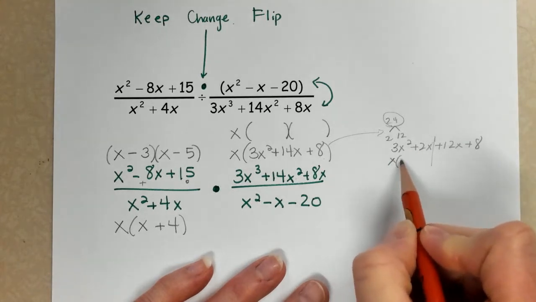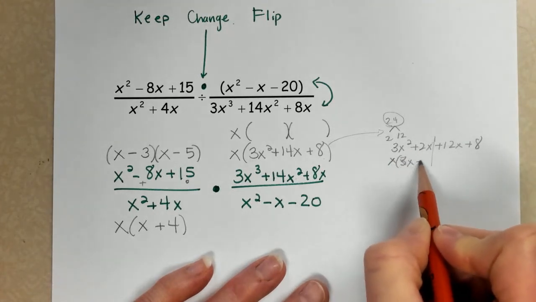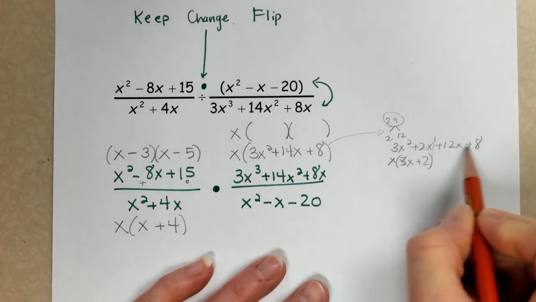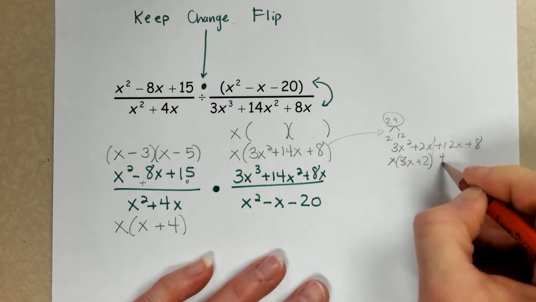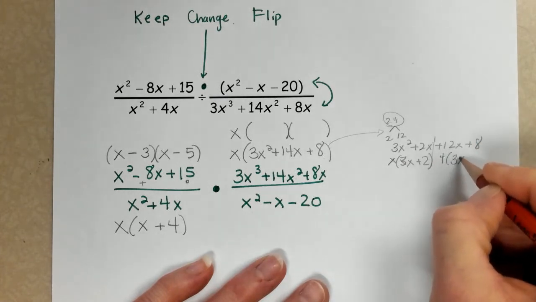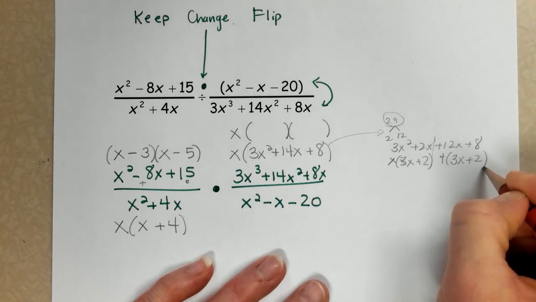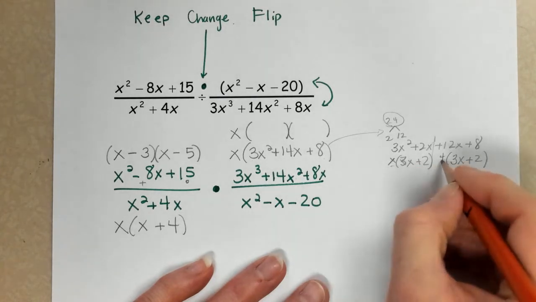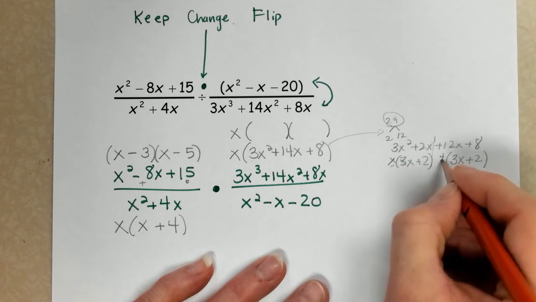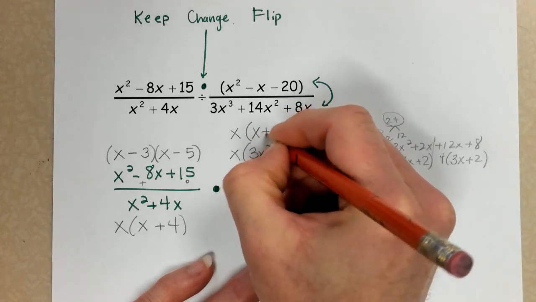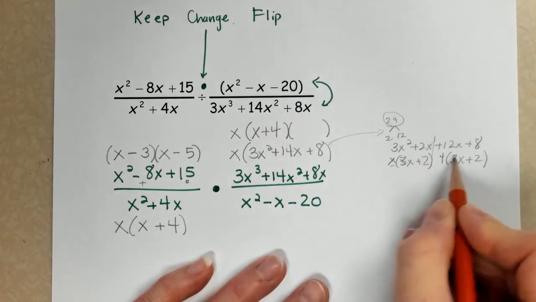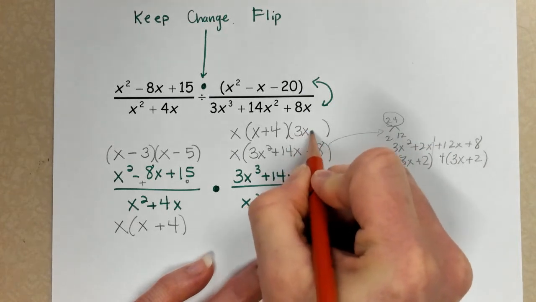I can take out x, so 3x plus 2, and 12 and 8 divided by 4, so I can take out 4. Again, that leaves 3x plus 2. So one factor is going to be this x plus 4, and the other one is going to be one copy of the 3x plus 2.